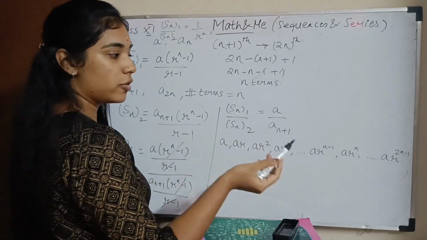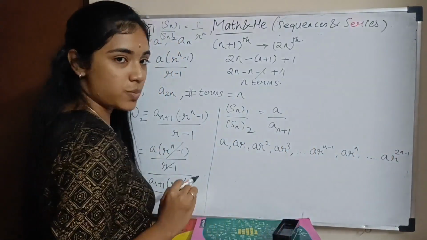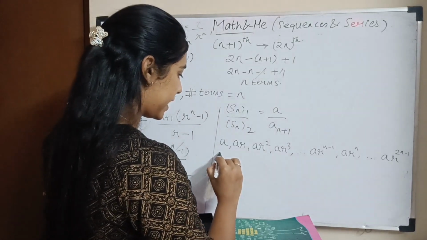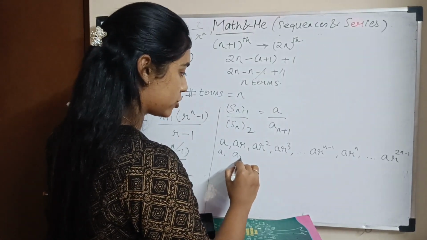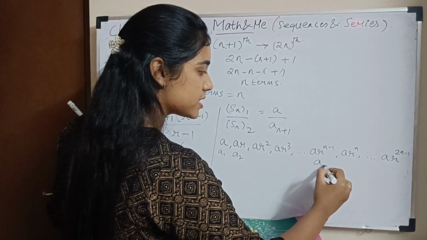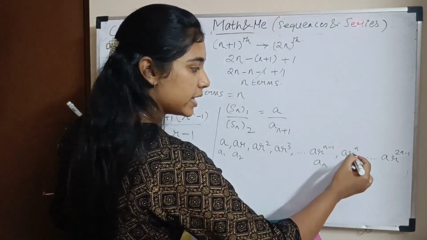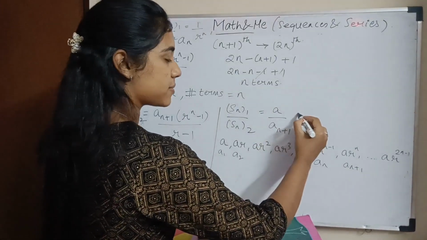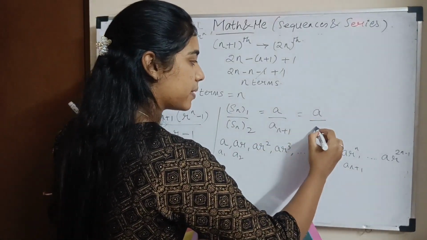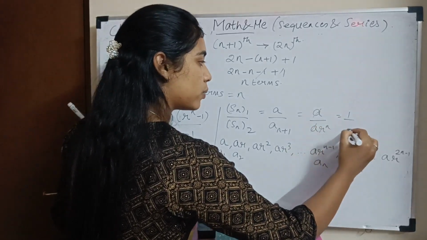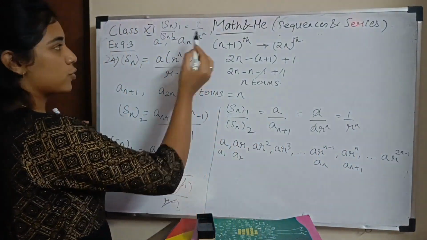So what is a of 2n? ar to the 2n minus 1. This is a1, this is a2, and so on, this is an. What is my a n plus 1? ar to the n. So if you substitute, a divided by ar to the power n. This gets cancelled, and I have 1 by r to the n. Hence proved. Okay.